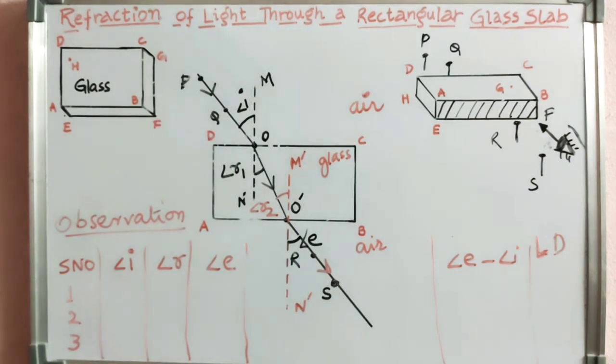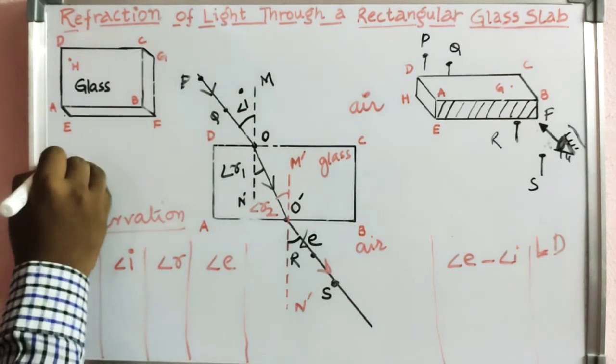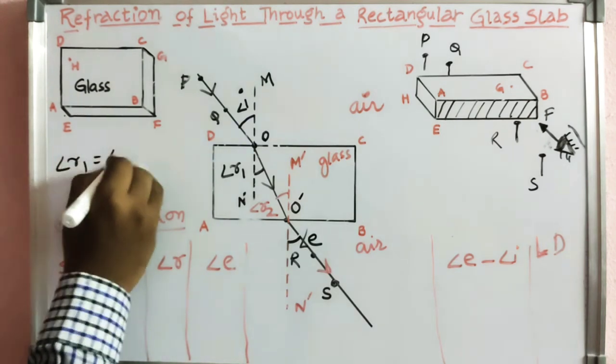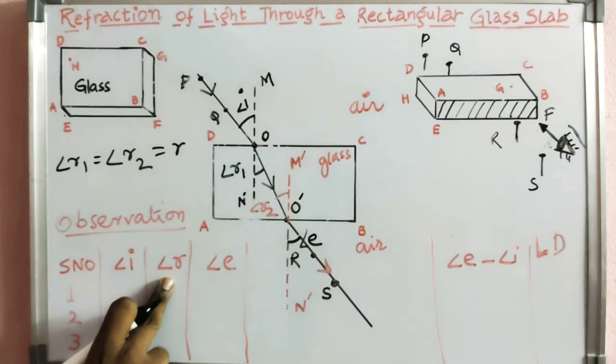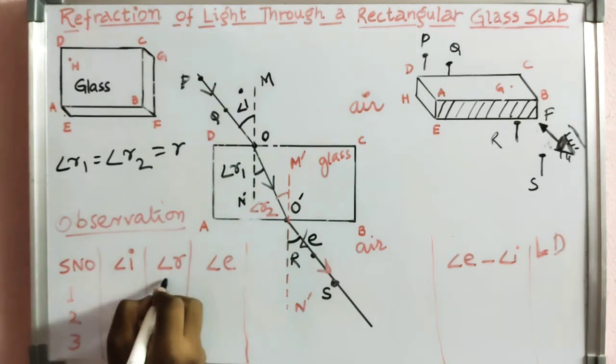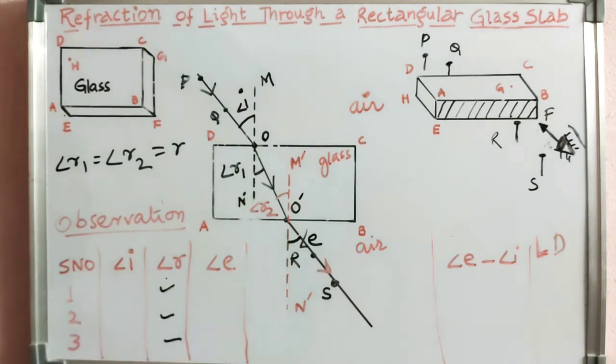One more important thing: if you really do the experiment very well, you will find that angle R1 is equal to angle R2. If you do the experiment properly, R1 is going to be equal to R2.